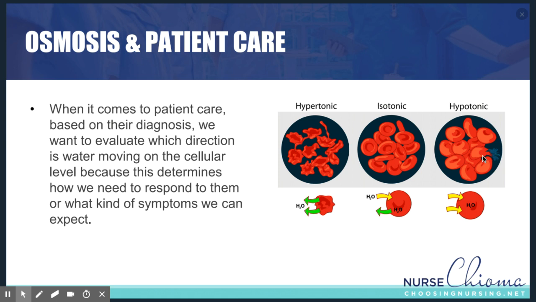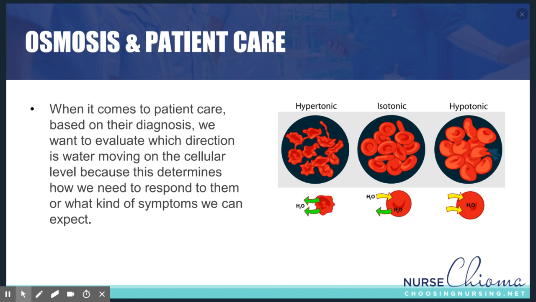So here's how you look at it from the NCLEX perspective, or from a nursing perspective. When it comes to patient care, based on their diagnosis, we want to evaluate which direction water is moving on the cellular level, because this is what's going to determine how we need to respond to them or what kind of symptoms we can expect.